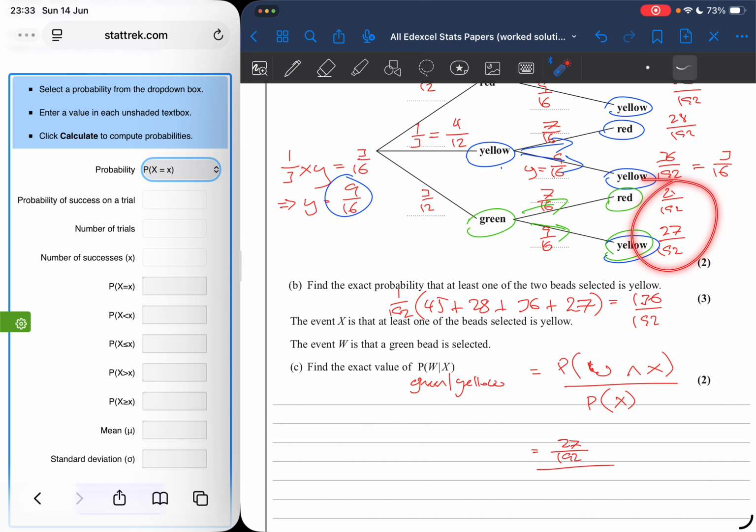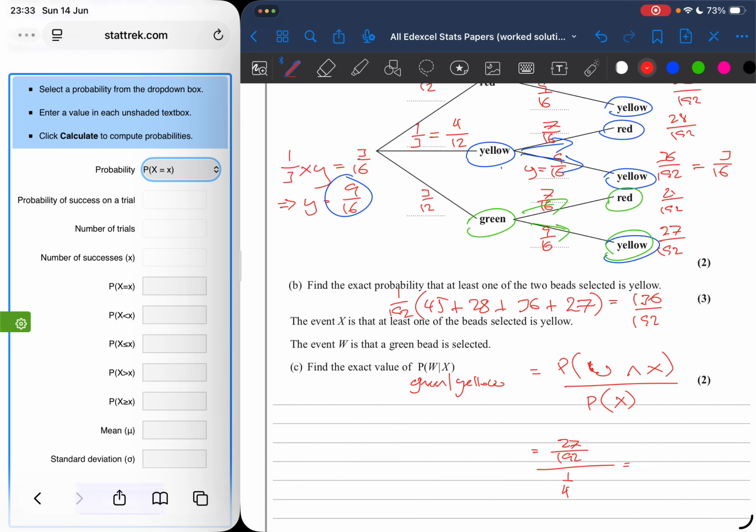You could go and work these out, add these two together, but it's just the same as this branch, isn't it? It should be exactly the same because these add up to 1. What we're doing to get this is this times this, then this times this. So we could just factorize out, cut out the middleman, add these up, and then times by this. Well, these add up to 1, so we do just get this one. Cancel it down, it's 1/4.